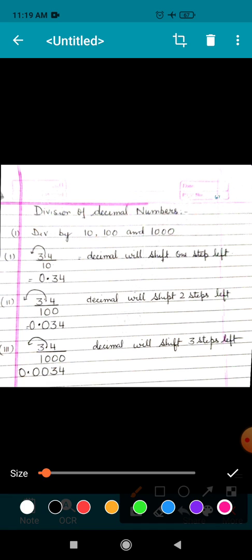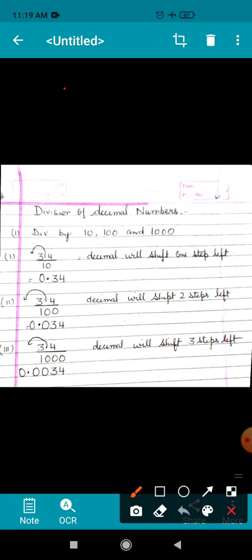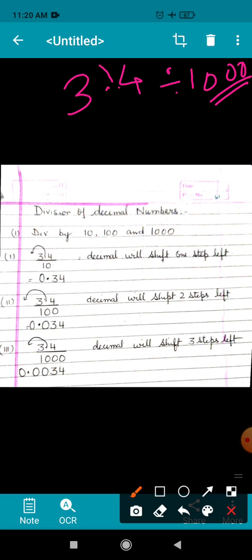Now let us understand the third example. Children, here 3.4 divided by 1000. Here you can see 3 zeros are present. So the decimal should move 3 steps to the left. Only one digit is present.